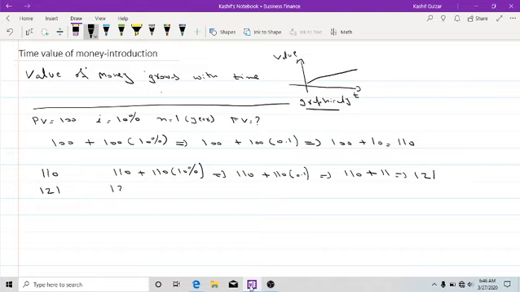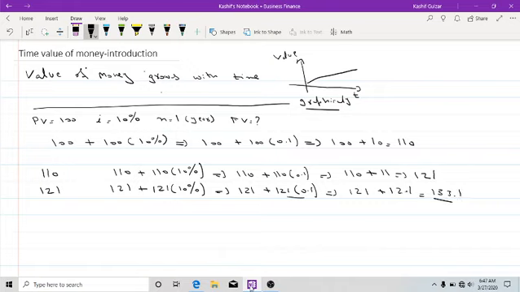Same logic, 121 plus 10% of 121, which implies 121 plus 121 into 0.1, which implies 121 plus 12.1, I guess, is equal to 133.1. So this is the answer.